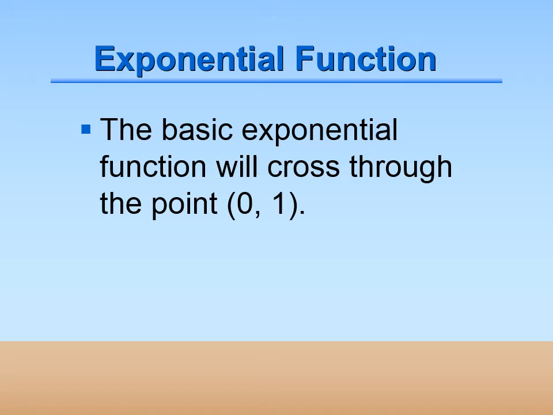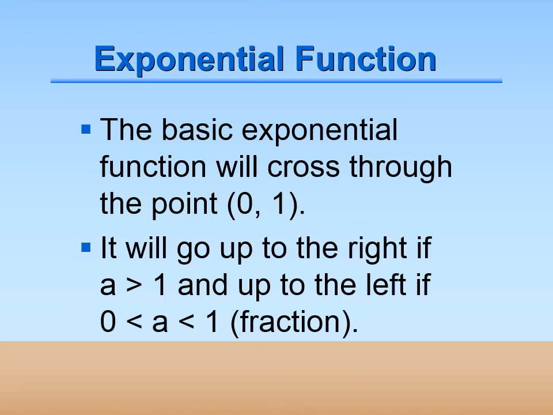All right, so here's something to know about exponential functions. The basic exponential function will cross through the point 0, 1. So again, it's not going to go to the origin like the basic radical function goes to the origin. The basic exponential goes through 0, 1.